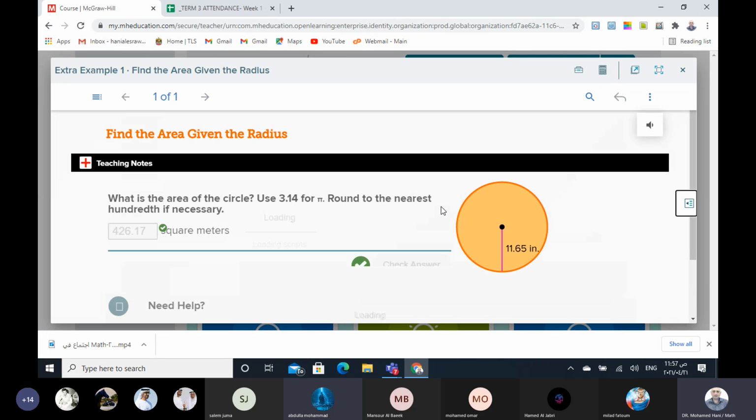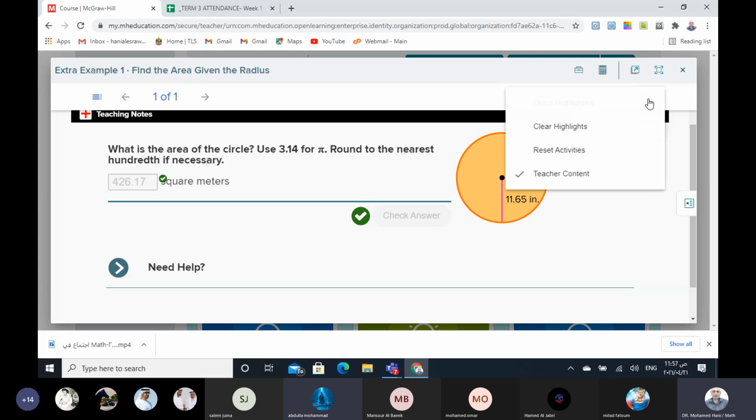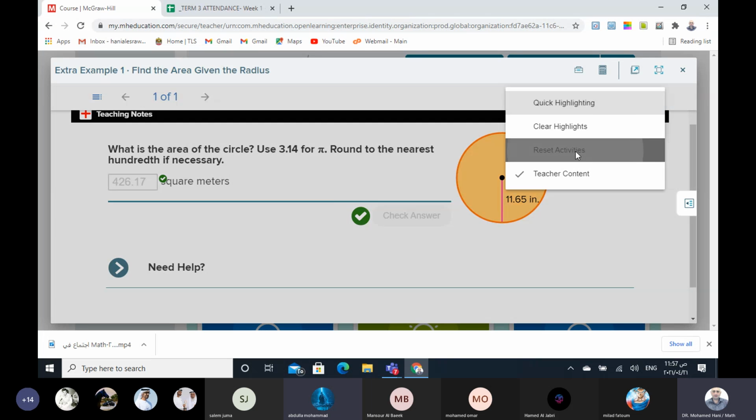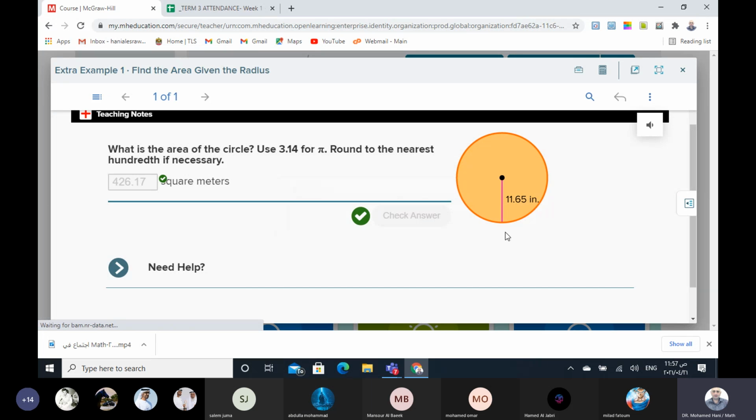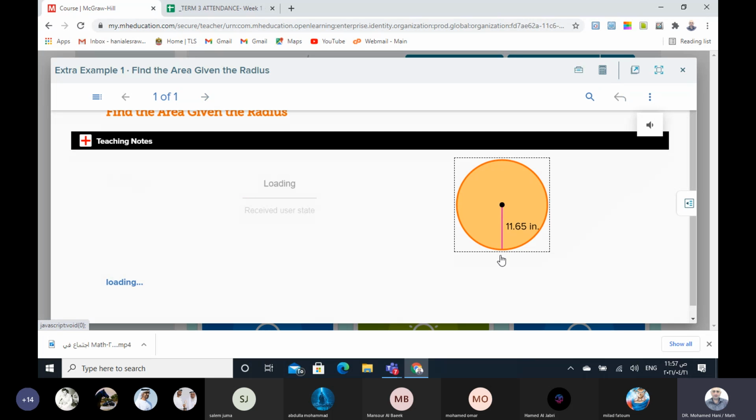Find the area given the radius. Now the next example, the same idea here. What is the area of the circle? Use 3.14 for pi. Round to the nearest hundredth if necessary. I want you all to try to find the area of this circle.